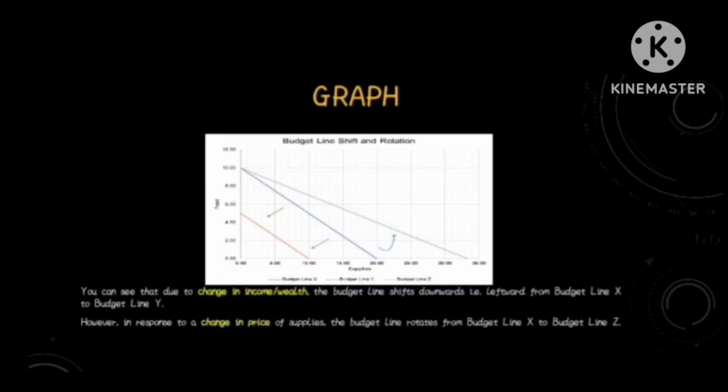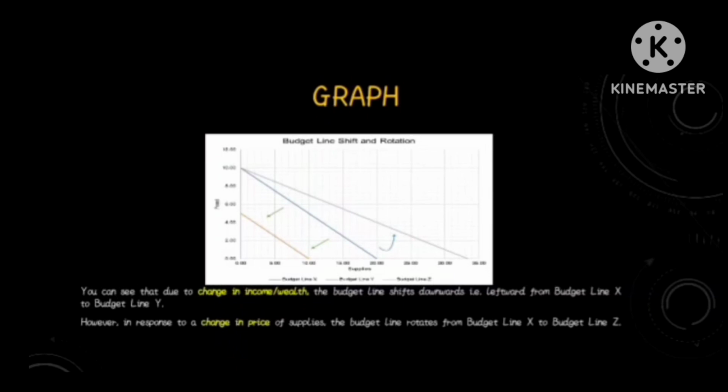The middle one is budget line X, the left one is budget line Y, and the most outward line is budget line Z. So due to change in income, the budget line shifts, and due to change in price, the budget line rotates.